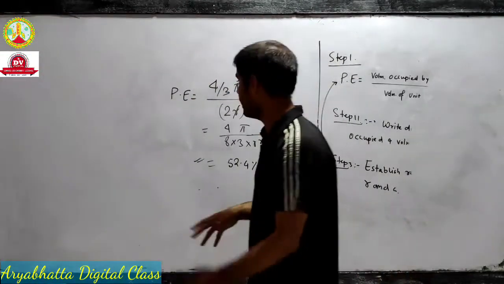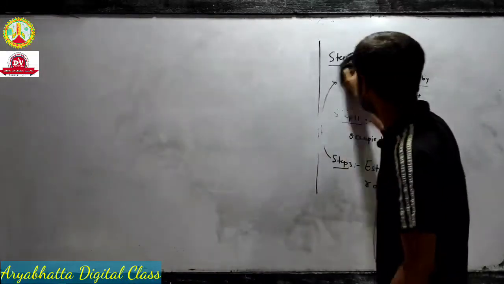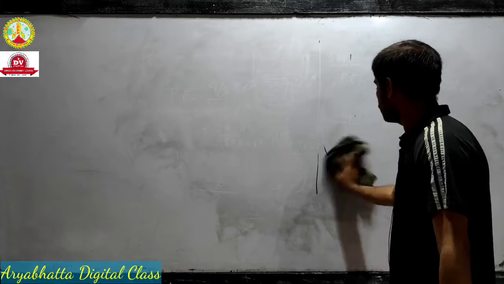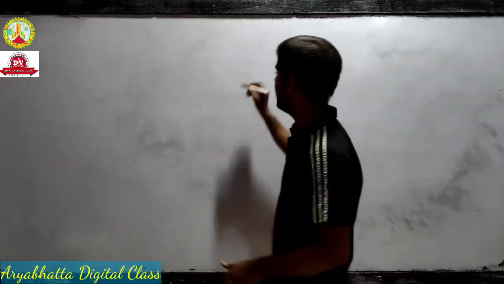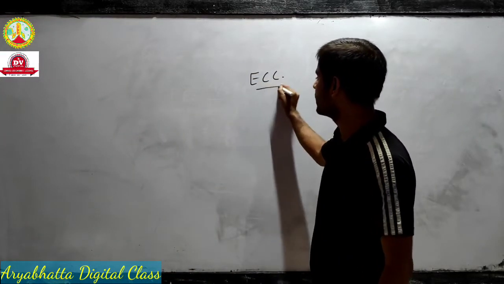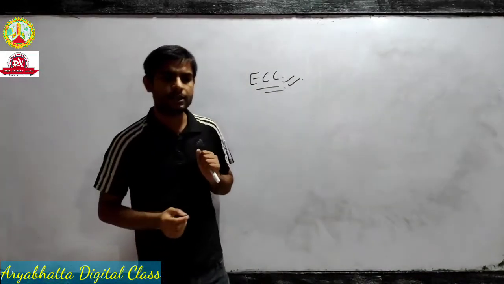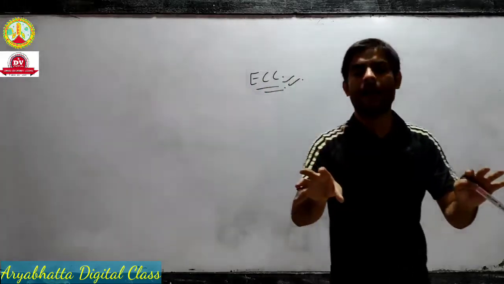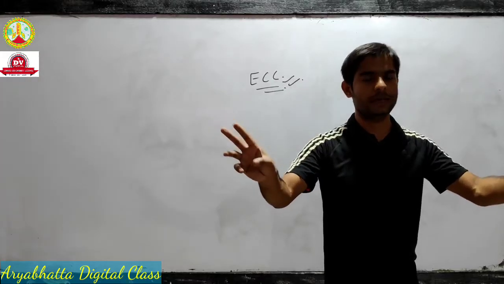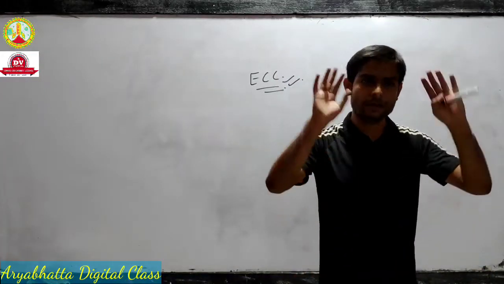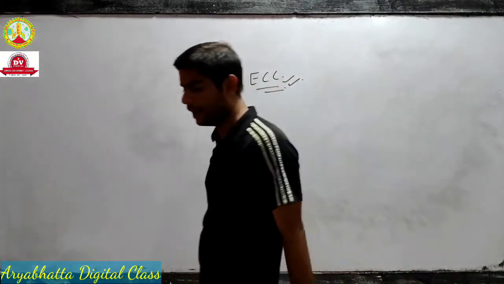Now I leave you with a homework in this video lecture. Try to calculate packing efficiency for end-centered cubic lattice. I told you that in end-centered cubic lattice the atoms are present at any two opposite walls. So there are 8 atoms at 8 corners, and there are 2 atoms on any two opposite walls.